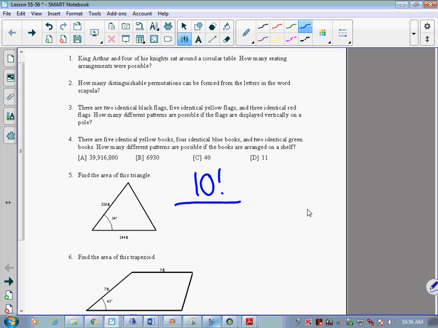and then we put it over the factorials of our groups. So 2, 5, and 3. Don't forget your parentheses.